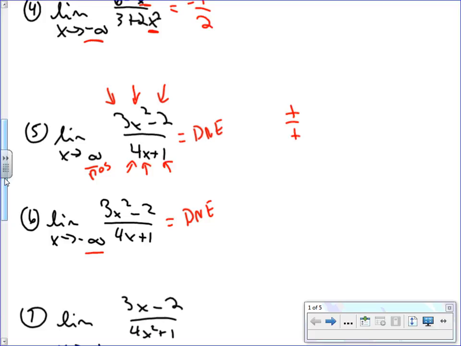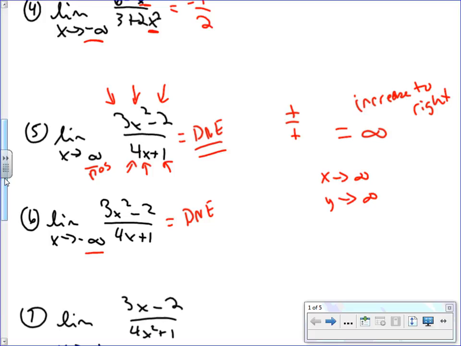Positive over positive tells us that this limit, while it does not exist as a technical answer, we sometimes say it equals infinity, which means it increases to the right. As x approaches infinity, y also approaches infinity. It's increasing without bound to the right.